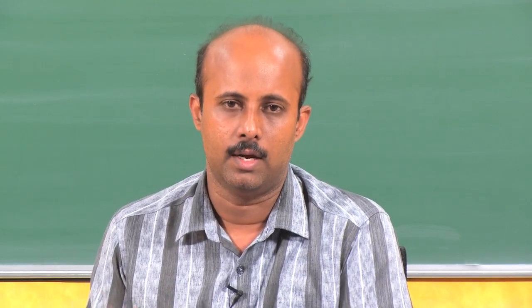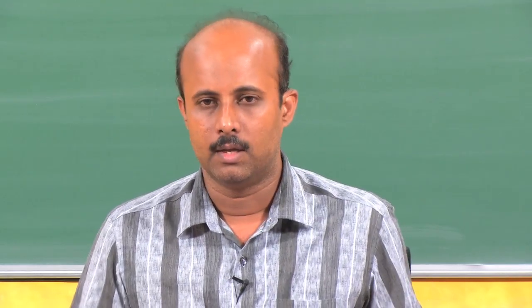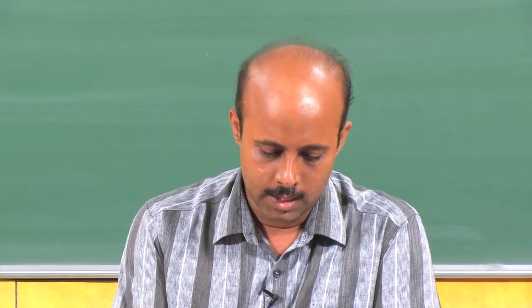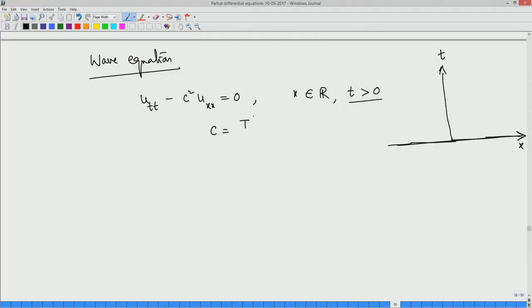As time goes you are trying to find the displacement of this infinite string. So this is a model for an infinite string, where T is the magnitude of the string tension and rho is the string density. If you consider this uniform density of the string, the square root of T by rho is actually c, so c squared is T by rho.